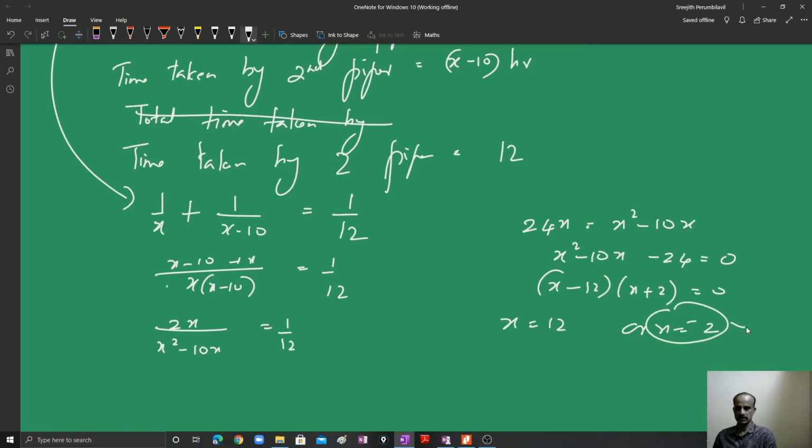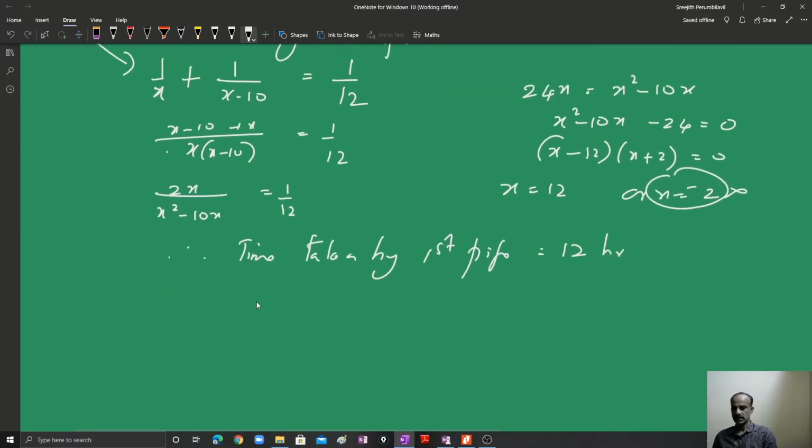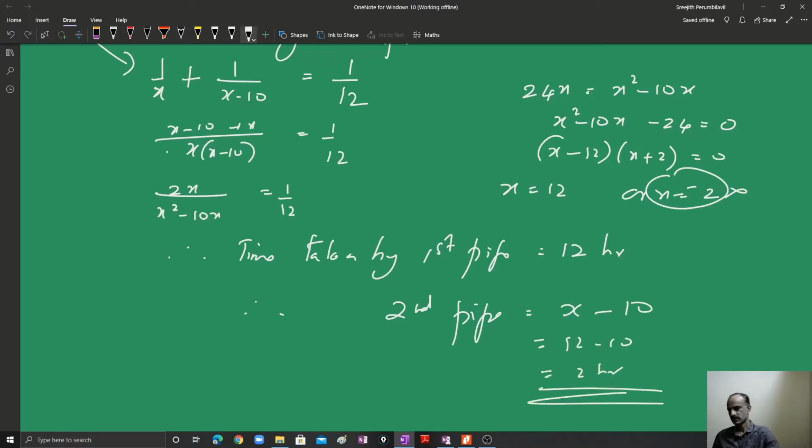This cannot be considered. So the time taken by the first pipe is 12 hours, and therefore the time taken by the second pipe is x minus 10, that is 12 minus 10, that is equal to 2 hours.